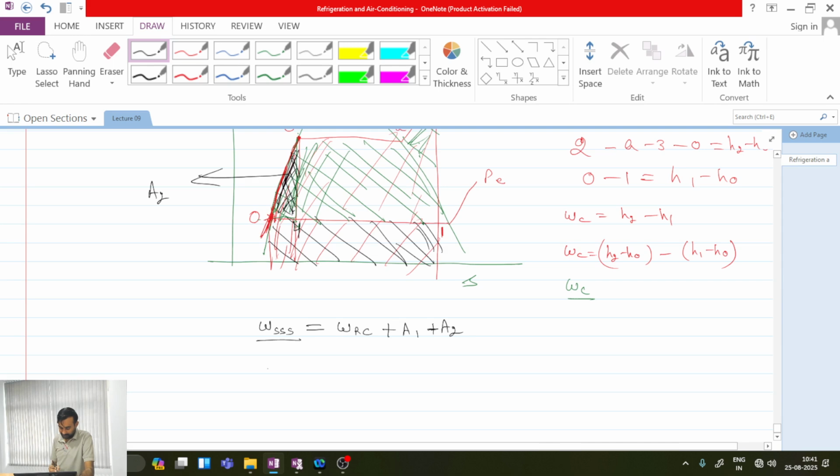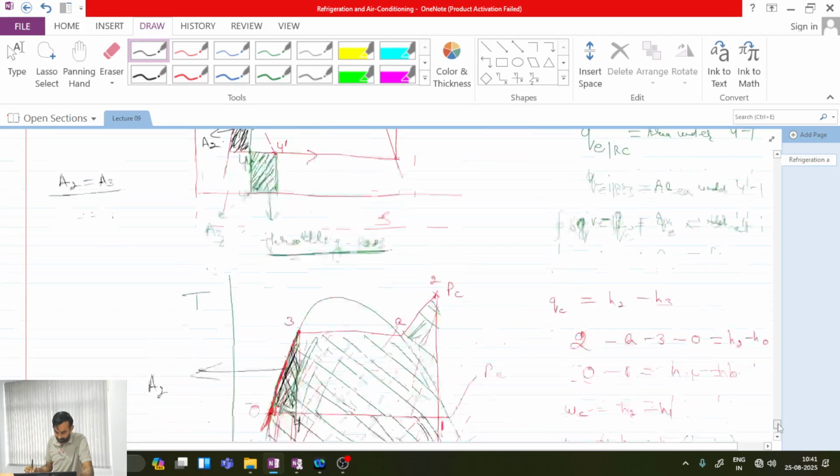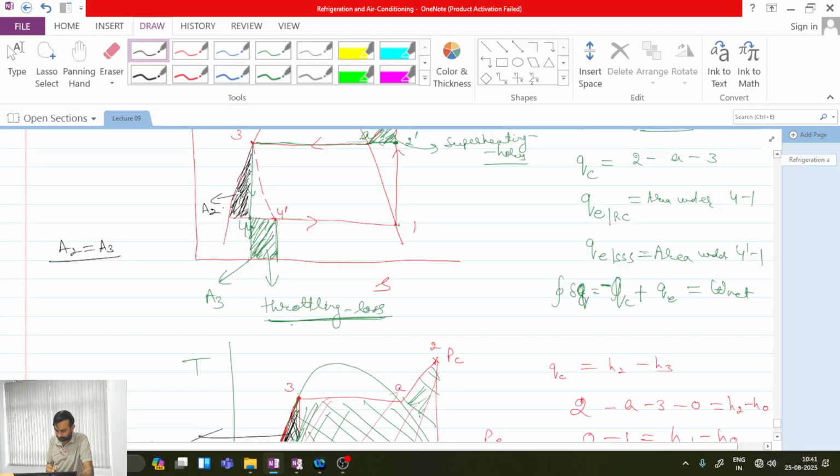Now, other important parameter is refrigeration effect. What was the refrigeration effect in actual cycle? In Carnot cycle, refrigeration effect in reverse Carnot is equal to how much? H1 minus H4, and refrigeration effect in triple S cycle is H1 minus H4 dash.